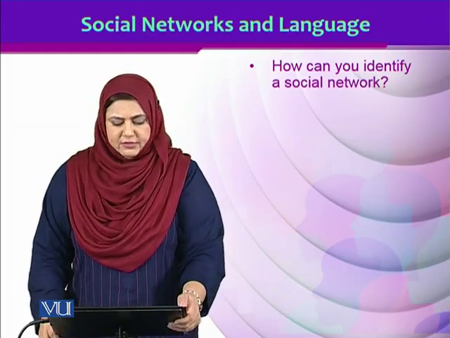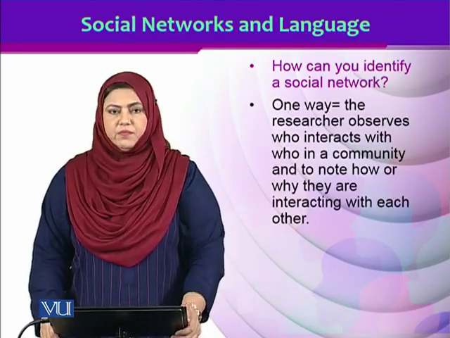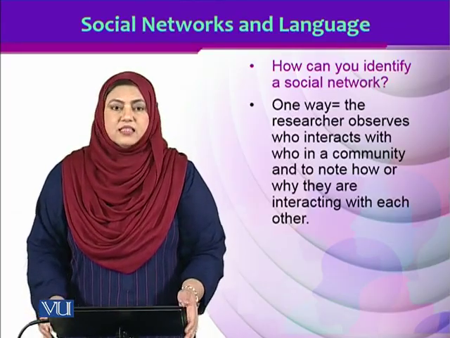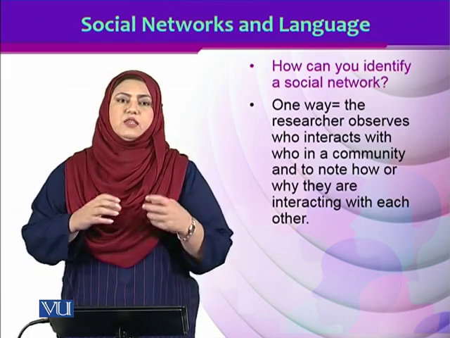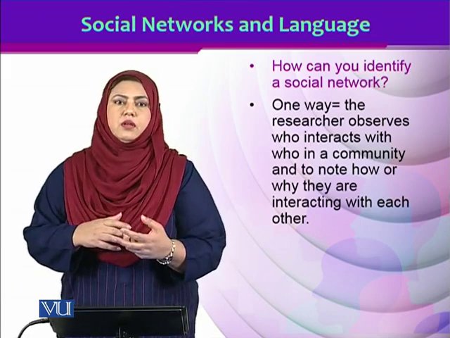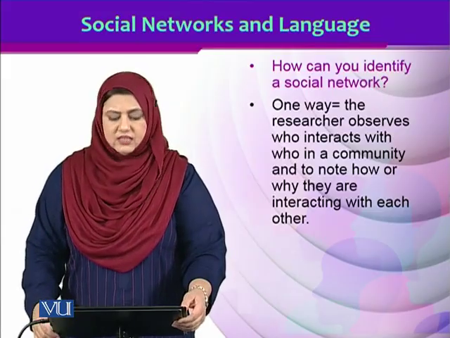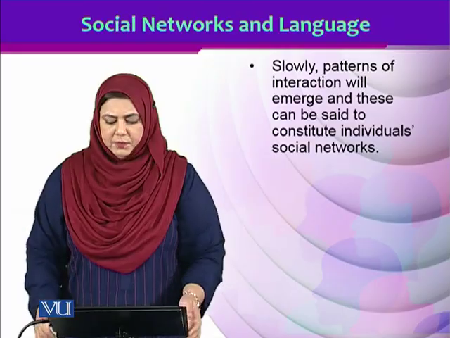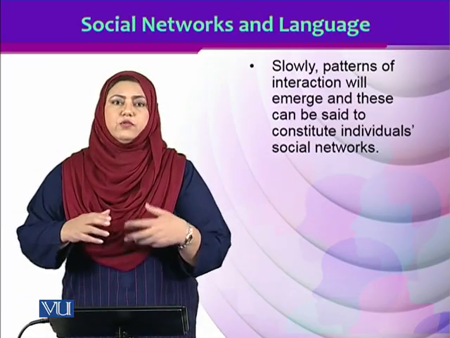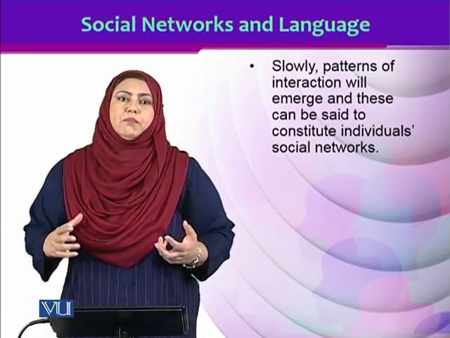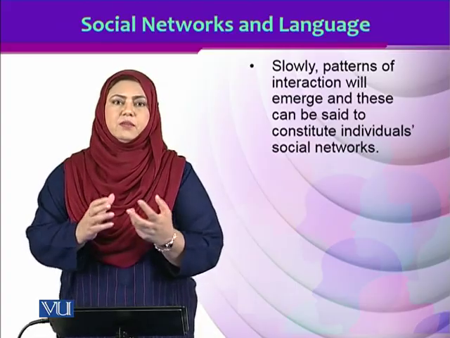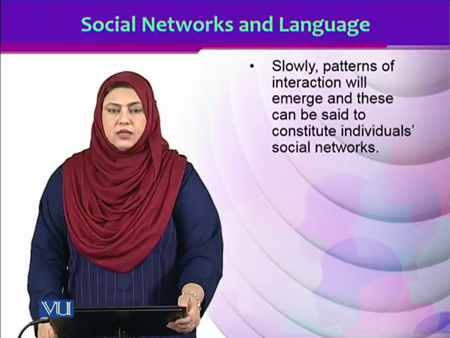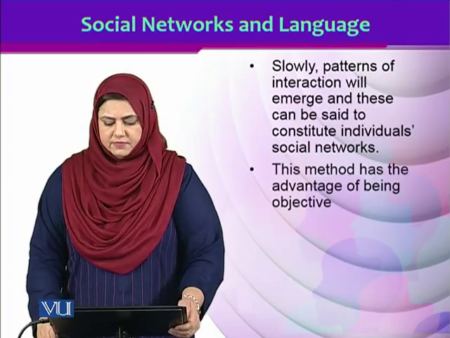So how we can identify a social network becomes one important question, and one way of doing that is that the researcher observes in a society who interacts with whom. Noticing the linking of people, who meets whom, who interacts with whom, would help. As you keep on observing that, slowly some patterns of this interaction would emerge, which can be called networks or social networks working in that society.